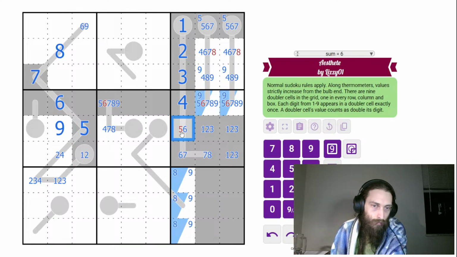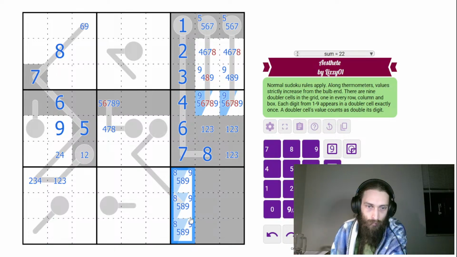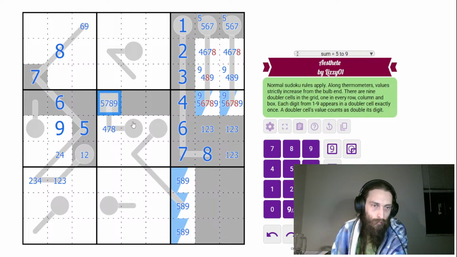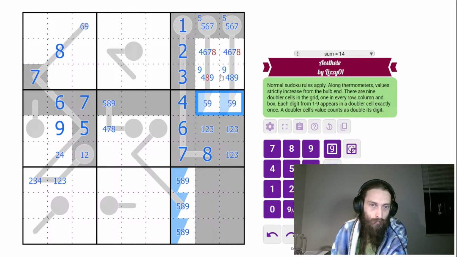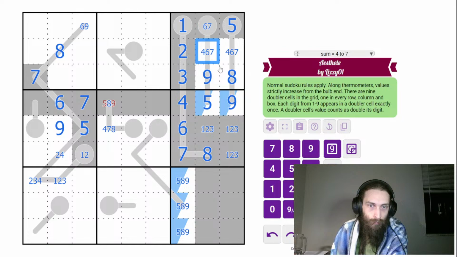So 7 can be placed in box 4. And it did turn out that 5 was the doubled.